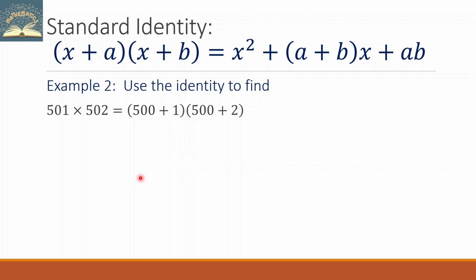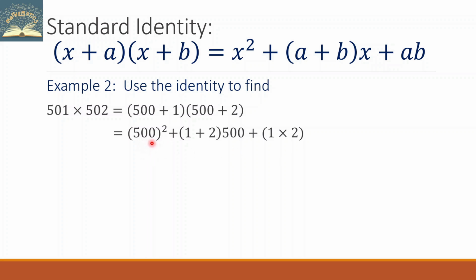There will be three terms in the answer for the meantime. So for the first number, we square this 500 plus the sum of 1 and 2 to be multiplied by 500 plus the product of 1 and 2. Let us now simplify.